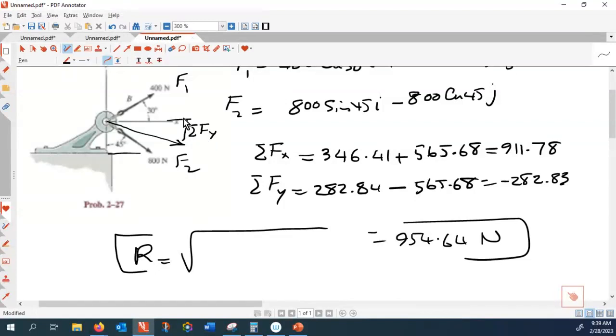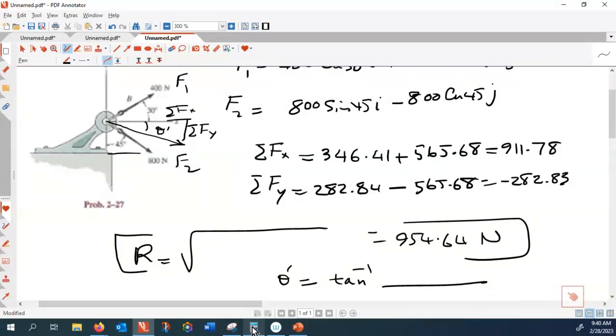So this is sigma Fy, this is sigma Fx, right? So I simply can find one angle from here. I call this theta prime. So that theta prime is simply what? That is tan inverse of big Y divided by big X. Just the magnitude, don't worry about the sign.